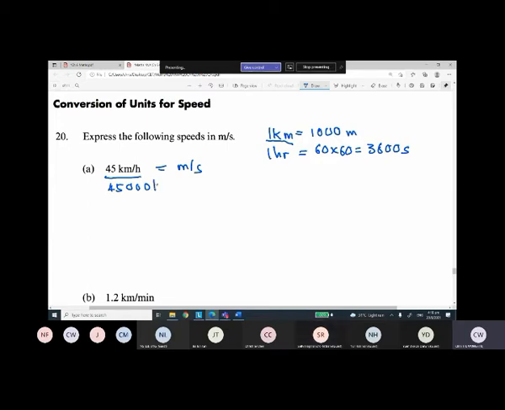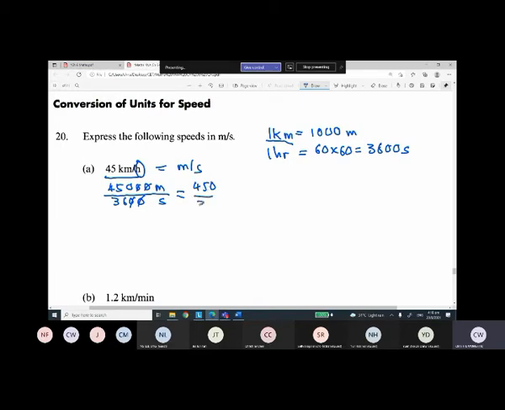So this is meters, I changed it to meters already. Over the hour, I'm going to change to seconds. 1 hour is 3,600 seconds, so you put 3,600 seconds here. So you cancel, cancel.